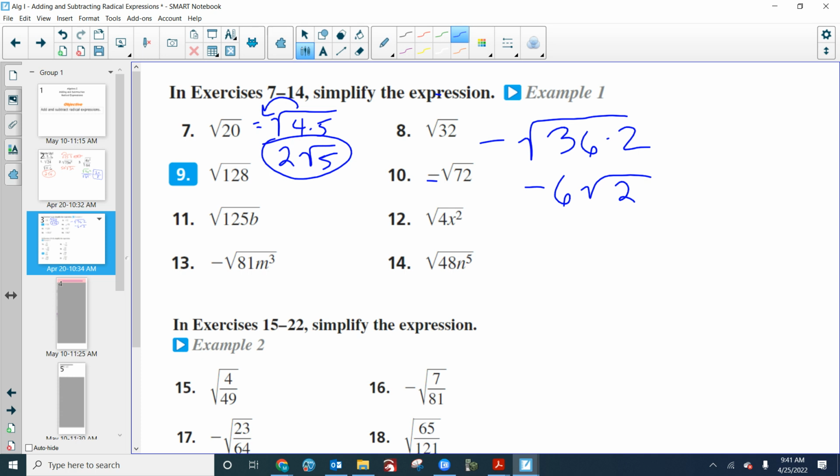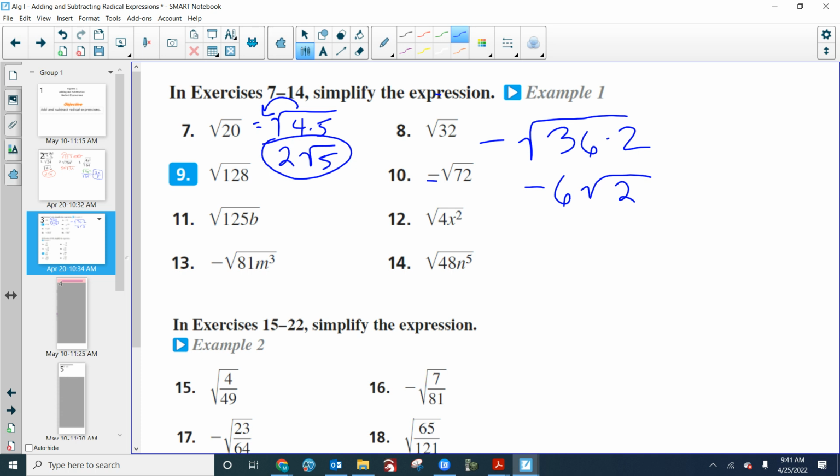Can anybody do 13 in your head? I think that's mental math also. Makana, can you do it in your head? Bet you can. What's the square root of 81? Okay, that's the hard part.